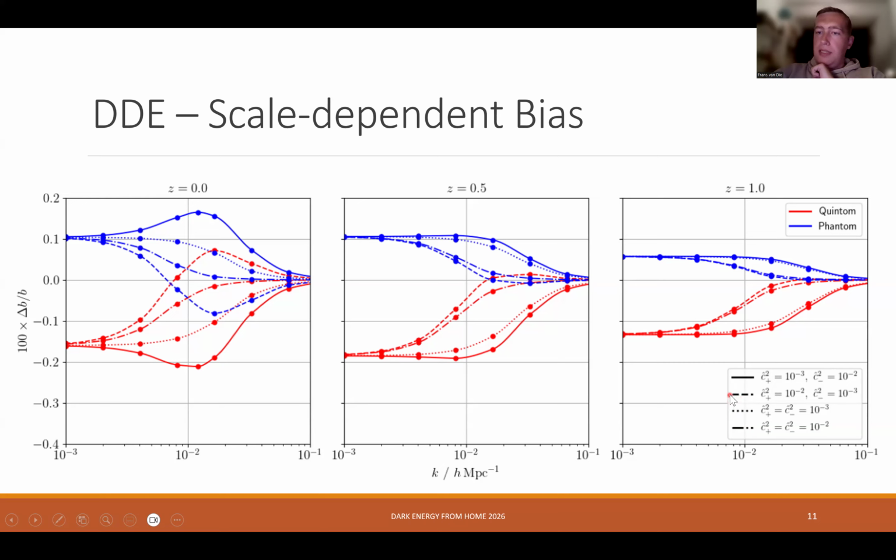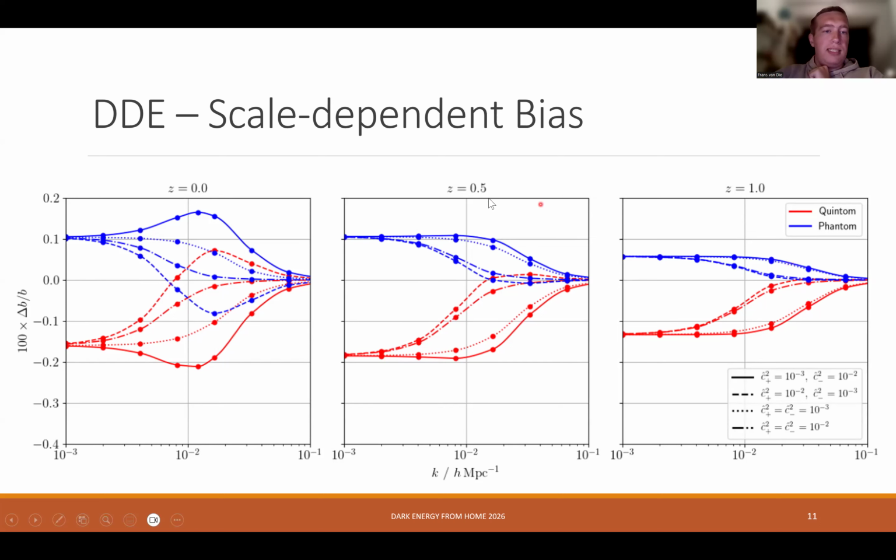So for example, if you focus on the redshift 1 case and in the phantom regime, which targets DESI, we see that on the scales of the sound horizon, the linear bias becomes scale dependent. So there is a shift. And this happens at redshift 1 only on the sound horizon of the plus fluid, because the minus fluid is negligible at these high redshifts.